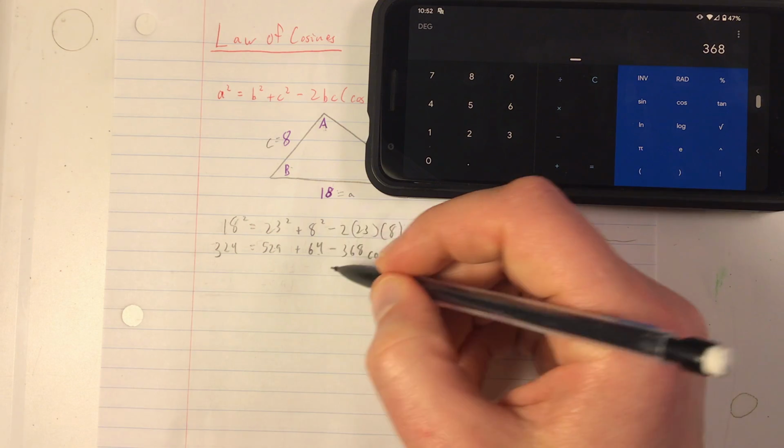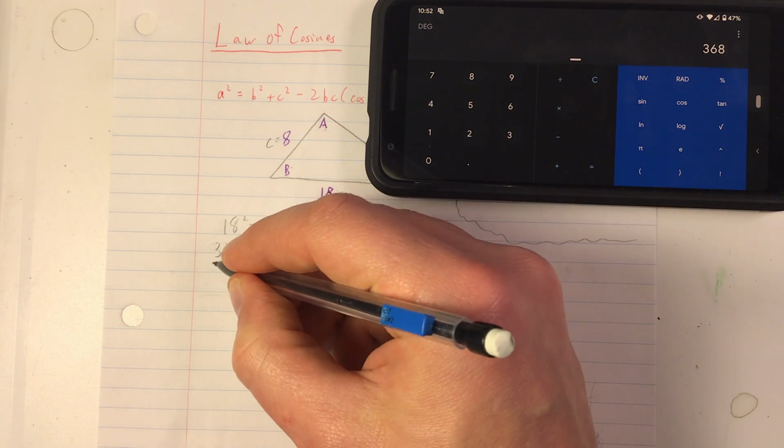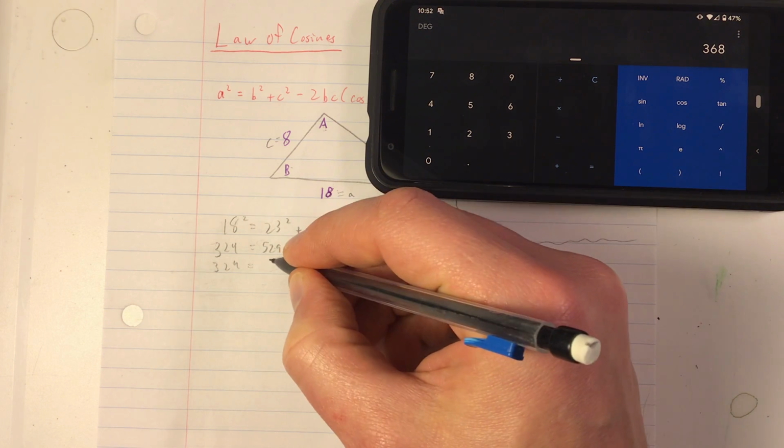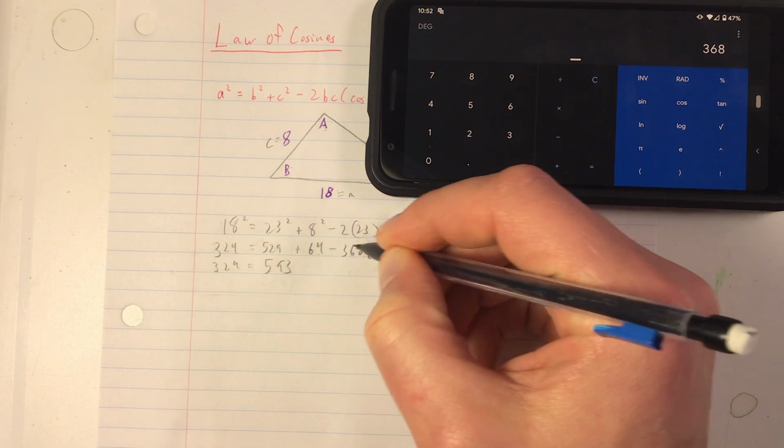I'm going to add these together. So 324 is equal to, you can use your calculator if you want to, I happen to know that's 593.